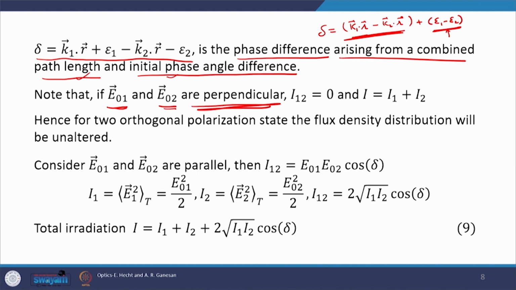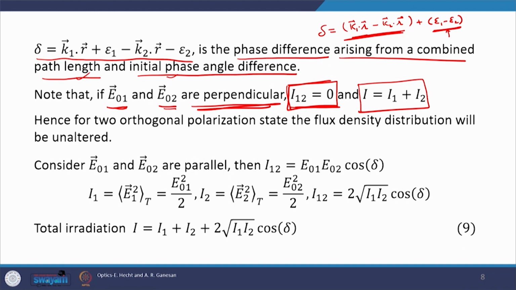The dot product would be 0. Vector E naught 1 dot vector E naught 2, if they are oriented at 90 degrees, will give 0 value, and therefore the cross term, or the interference term I12, would be 0. In this particular case, the resultant irradiance would be the sum of the irradiances of wave 1 and wave 2.